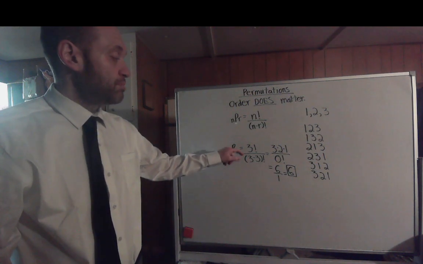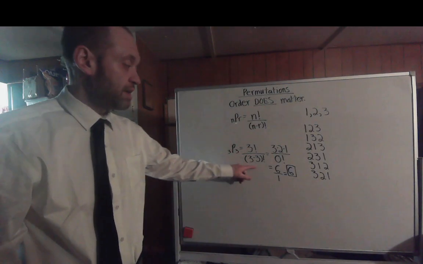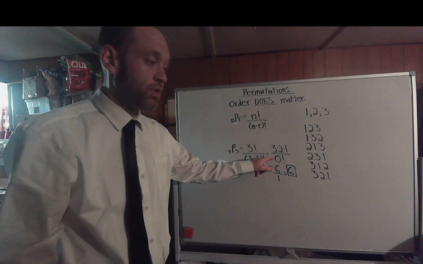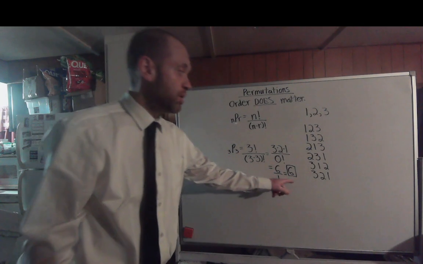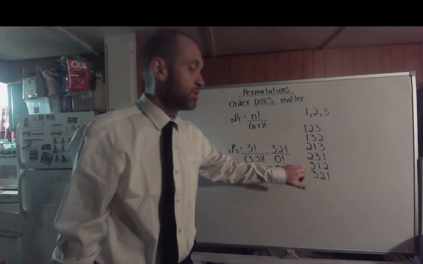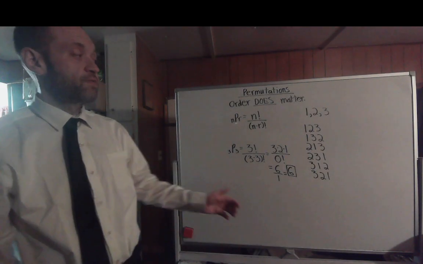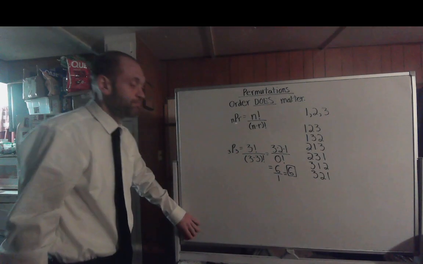So that would be my n of 3 factorial all over my 3 minus 3 factorial, which gives me 3 times 2 times 1 over 0 factorial, which is 6 divided by 1, or 6. So there are 6 possible permutations, or 6 possible orders for the numbers 1, 2, 3 in this particular case.